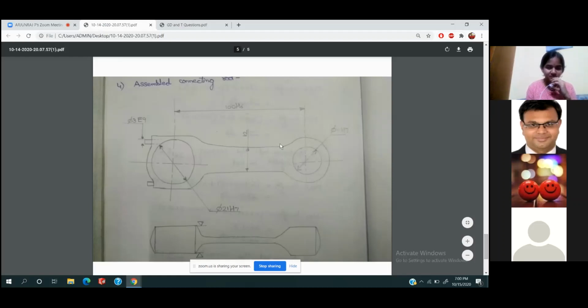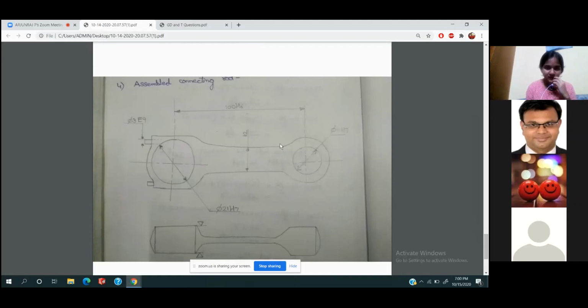The parts of a generally assembled connecting rod will be the cap and the bearing brasses, and here we could see bolts, all those things. Between the bearing brasses and the connecting main part there will be a fit, sir. Finally, there will be another fit between the bearing bush and the connecting rod, so I have mentioned another dimension.